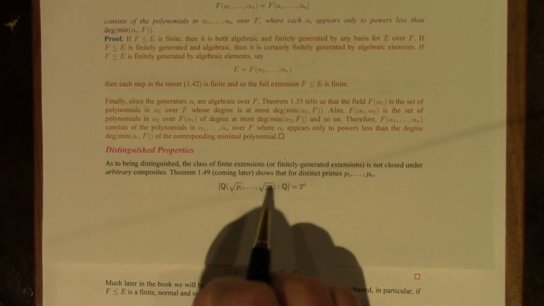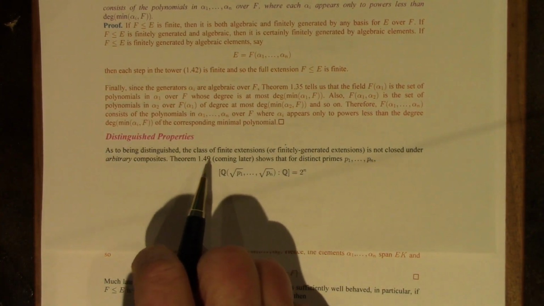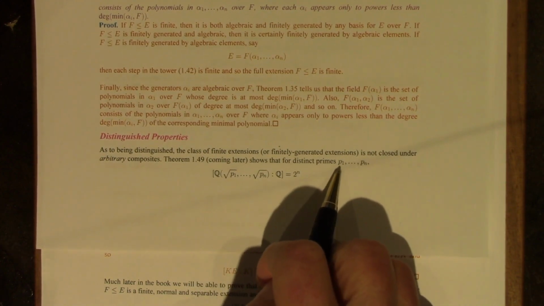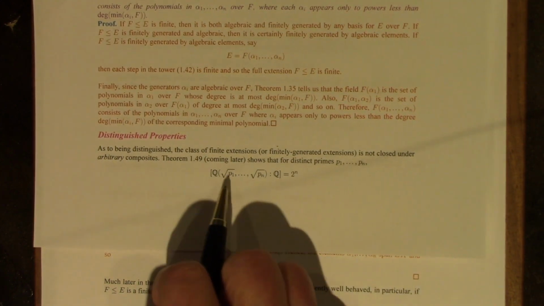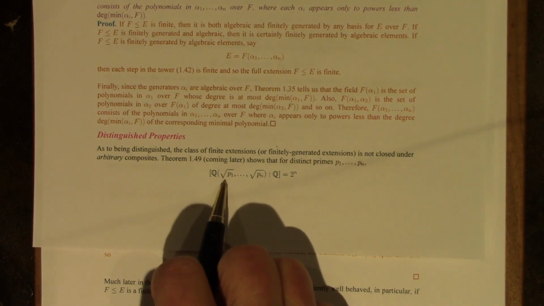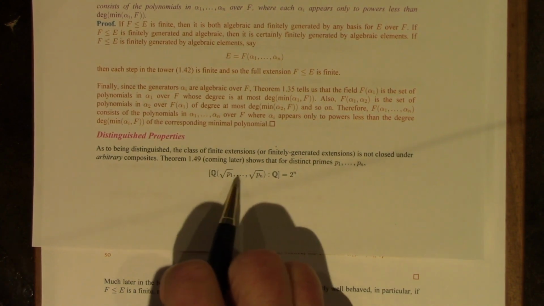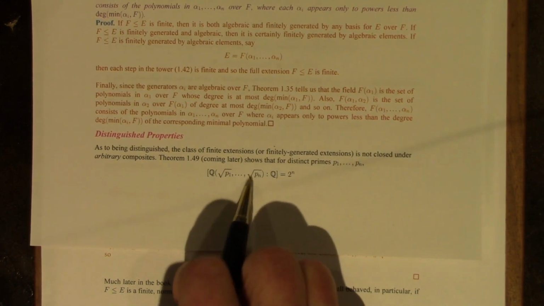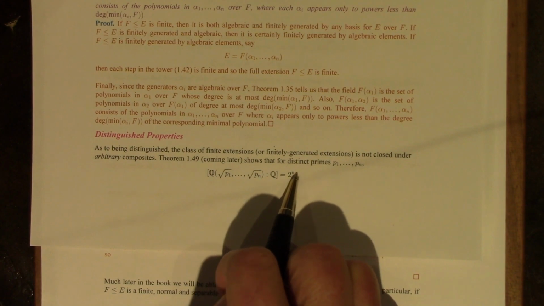And here's an example which is actually coming up a little bit later, but I'll mention it now. We're going to show that for distinct primes p1 through pn, the field of rational numbers with the square roots of the primes adjoined over Q, if there are n primes, has degree 2 to the n.